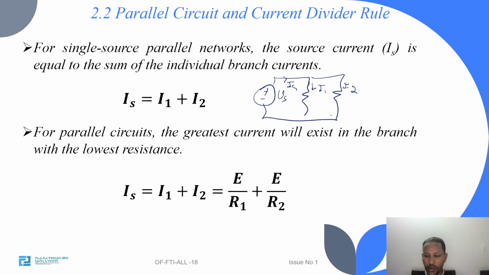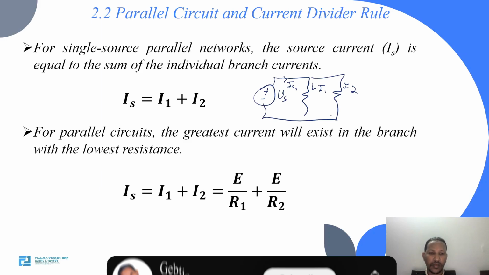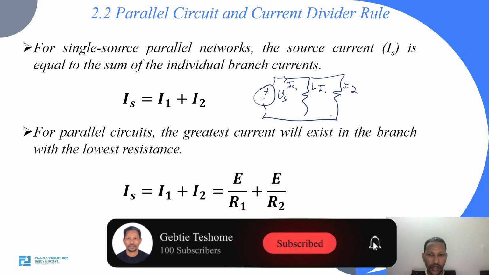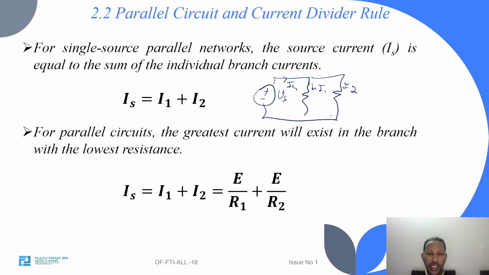If you remember from series connected resistors, the resistor which has the highest resistance value will share the highest value of voltage from the source. Here in parallel connected resistors, the resistor with the smallest resistance value will share the highest current from the source current. That is very important.